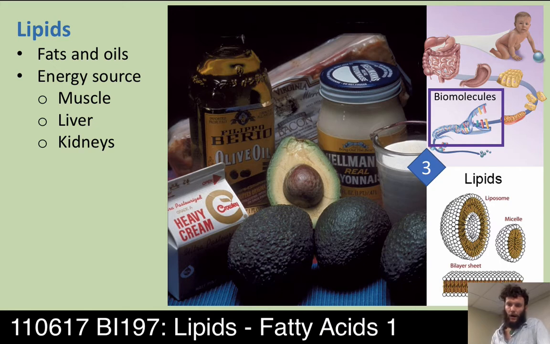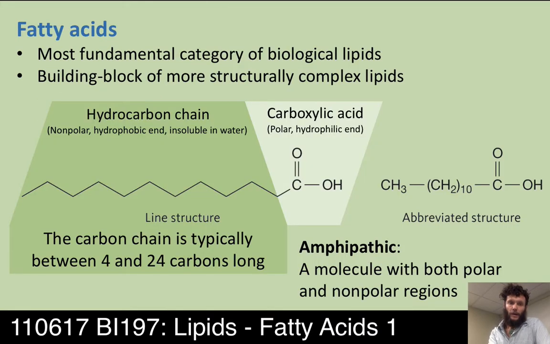This is the third out of the four categories of biomolecules that I started talking about so many weeks ago. There are probably something like 8 very general categories of lipids. The most fundamental, the most ubiquitous, the most conceptually accessible of them is the fatty acids.